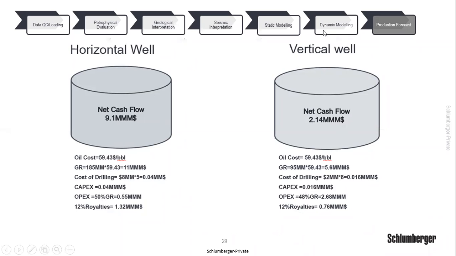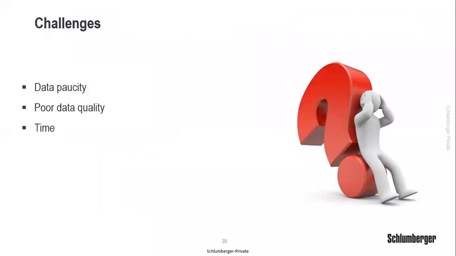If you compare both for vertical and horizontal wells, you see the differences, and that's how you eventually, having analyzed all this, are able to take a decision. We were able to decide that 5 horizontal wells should be drilled in that field for the next 20 years.